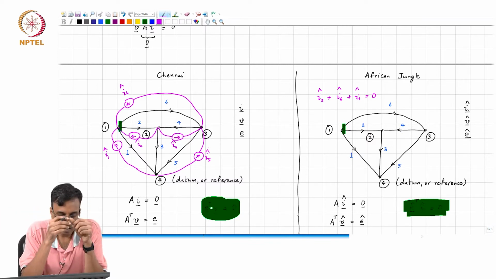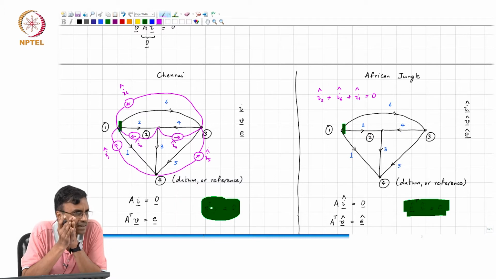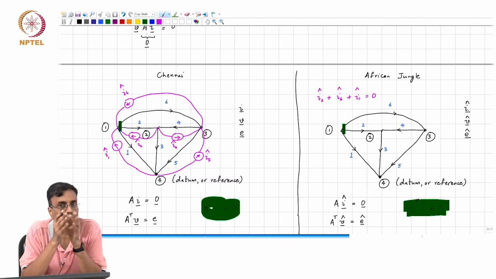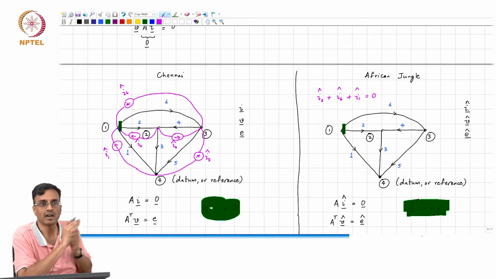And please note that I am putting a current across every branch, but these currents are not chosen in an arbitrary way, they are chosen in a special way. What is so special about the way I have chosen these currents in pink that I have added here? Yeah. So, basically all those currents satisfy Kirchhoff's current law, correct.